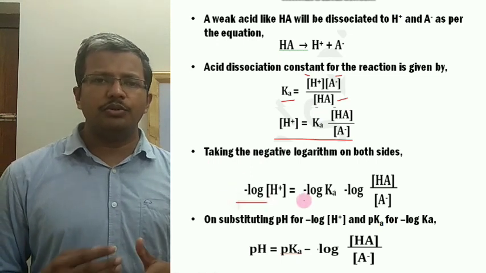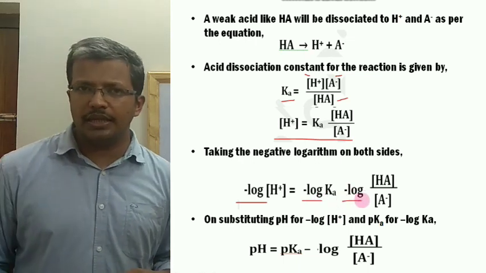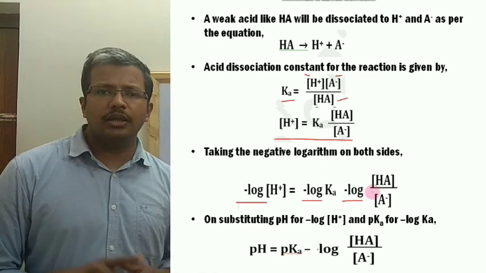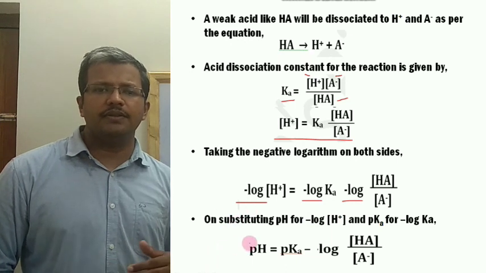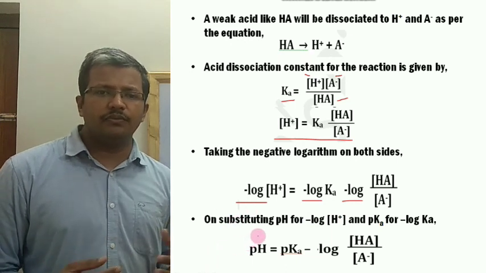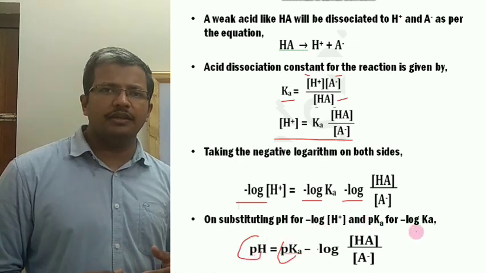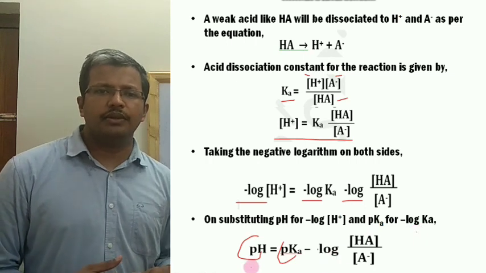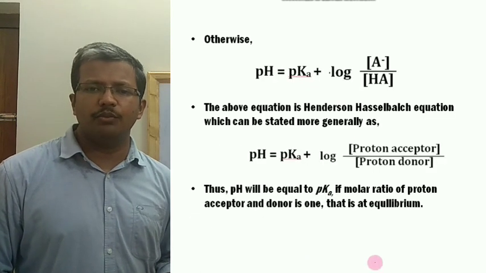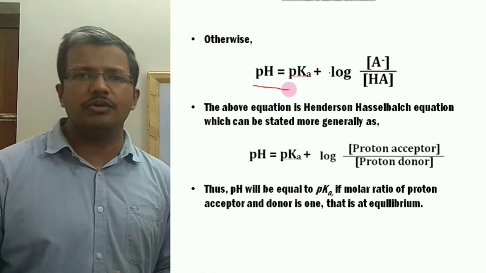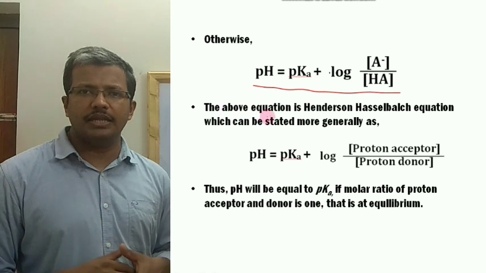If we put the negative logarithm on both sides, we get −log[H+] equals −log Ka − log([HA]/[A−]). Substituting pH for −log[H+] and pKa for −log Ka, we get pH equals pKa − log([HA]/[A−]). Then we can rewrite the equation as pH equals pKa plus log([A−]/[HA]).